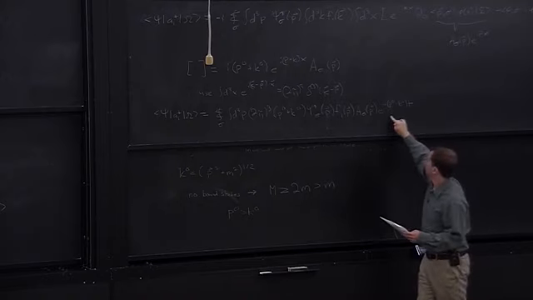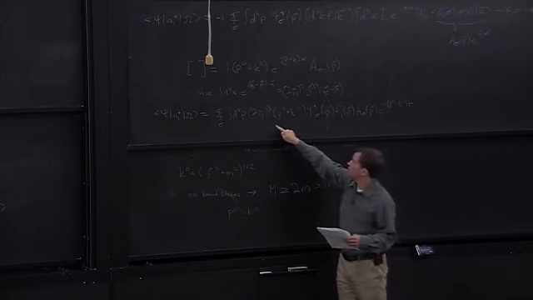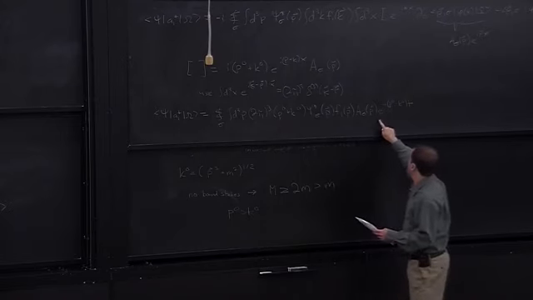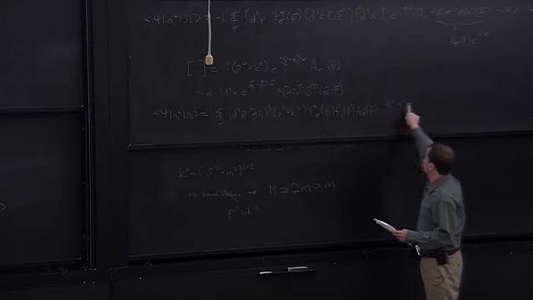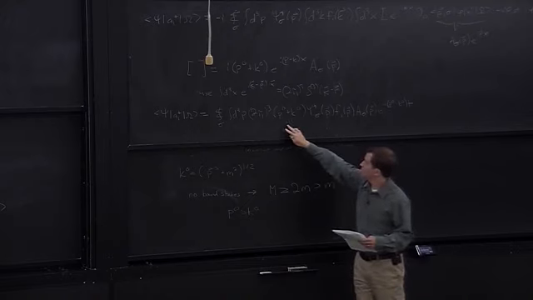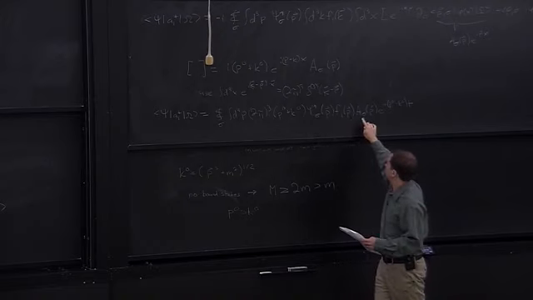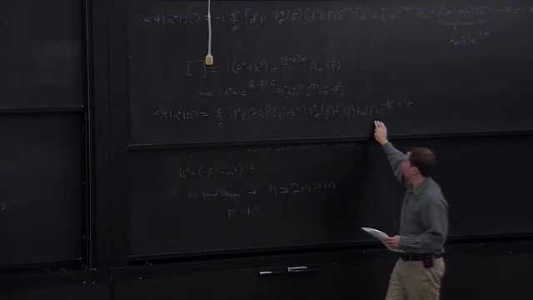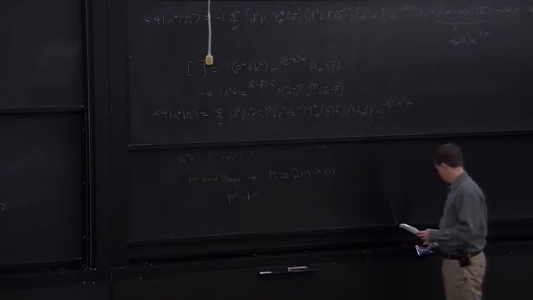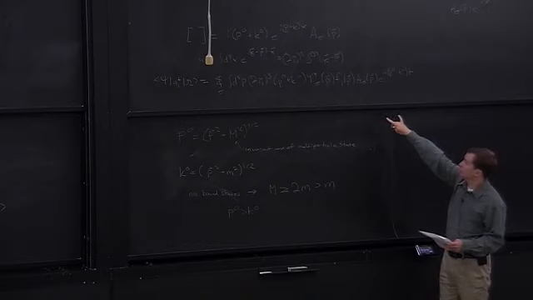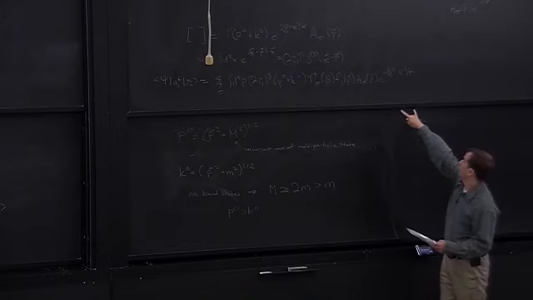And so regardless of what's happening with these functions here, the fact that this is oscillating so rapidly means that the contributions from different neighboring regions will just cancel out. It's actually a general property of integrals of this form that they vanish as t goes to infinity.